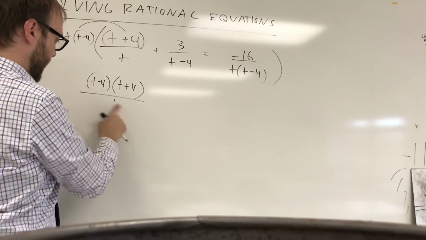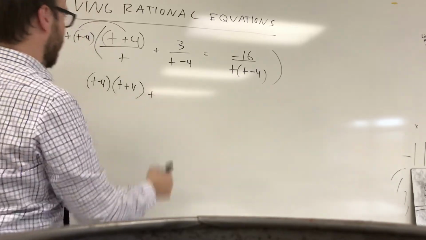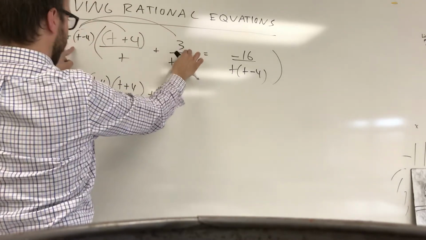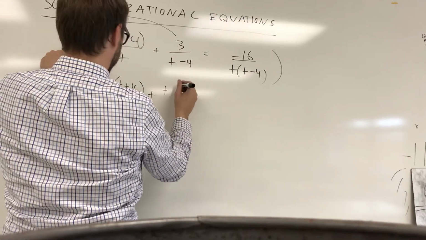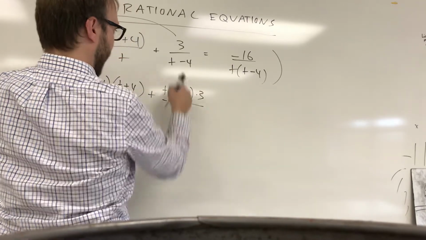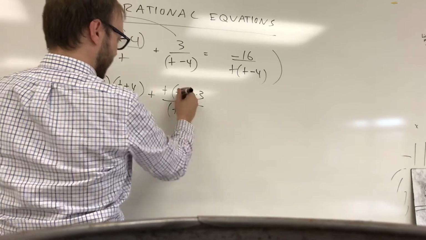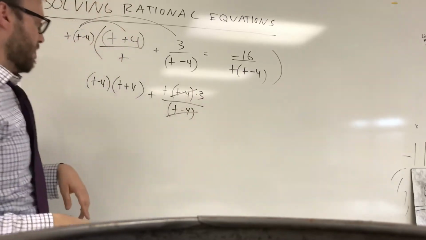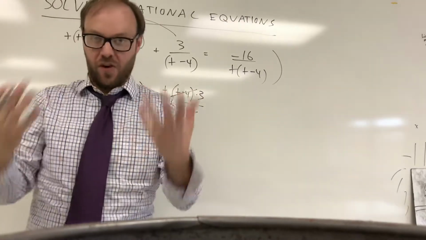Those two things cancel, and I no longer have a fraction. Okay? Now, this term of 3 also would get multiplied by both of these. So I would have t times t minus 4 times 3 in the numerator. On the bottom, of course, I would just have this t minus 4. The t minus 4s can be divided out of the top and the bottom, and I'm left with just a 3t, which of course is no longer a fraction.